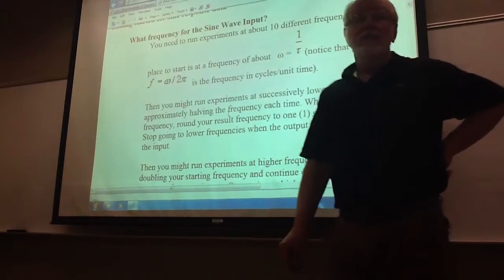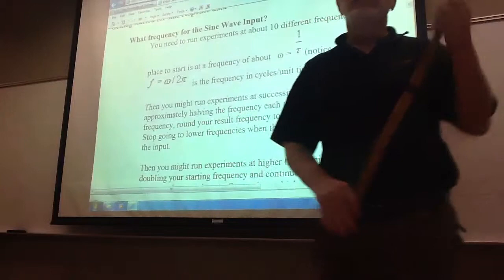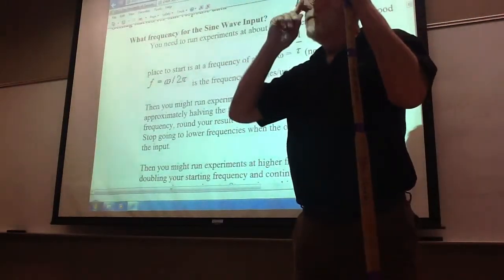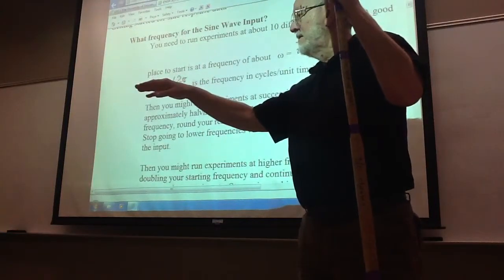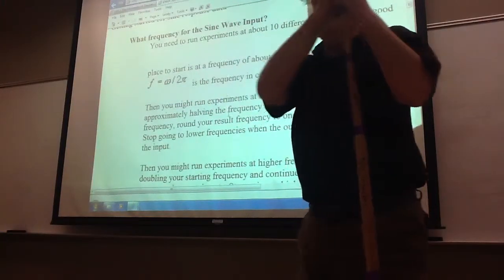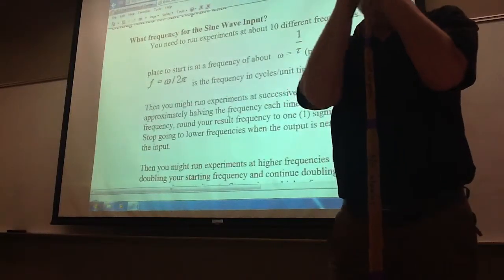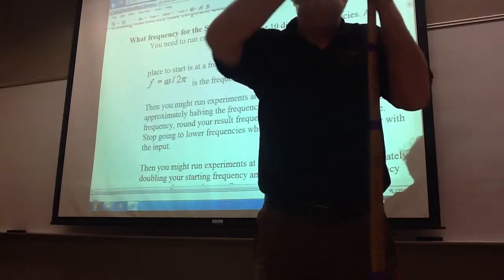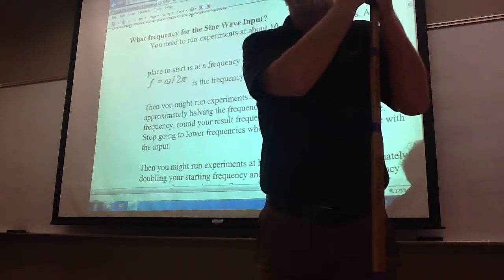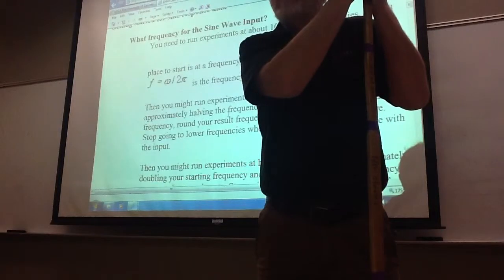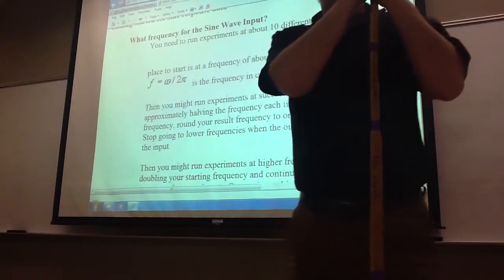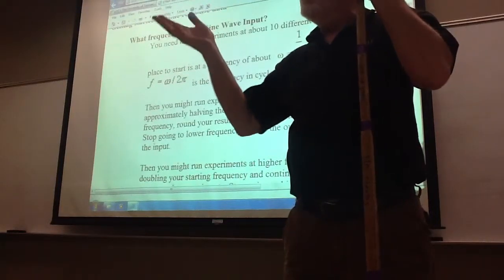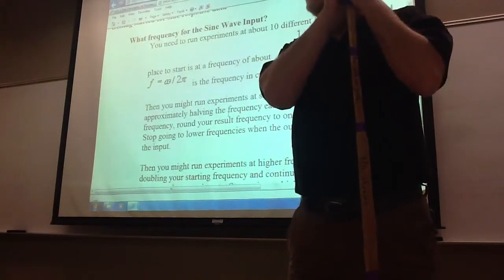Everybody know what the tau for their system is? The time constant? You know what your tau is? Who needs to know their tau? Well, some of you haven't even done the experiments on the system that I'm switching you to, so you'll need to know the tau, so ask me about that in just a little bit. So tau. Which tau do you use? We saw today that some people had one tau based on the experiments and another tau based on the modeling. Which one do you use?